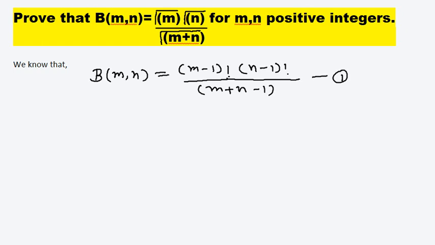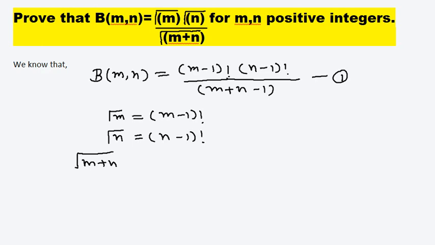So here we know that gamma m equals factorial (m minus 1) and gamma n equals factorial (n minus 1), and gamma (m plus n) equals factorial (m plus n minus 1).